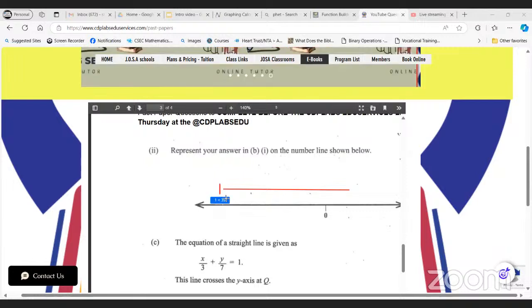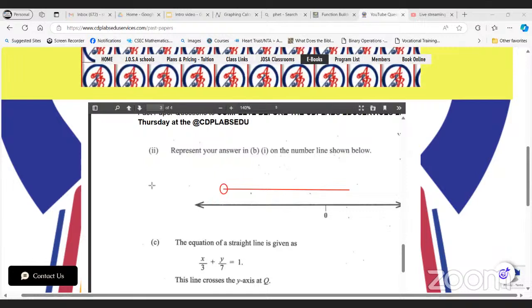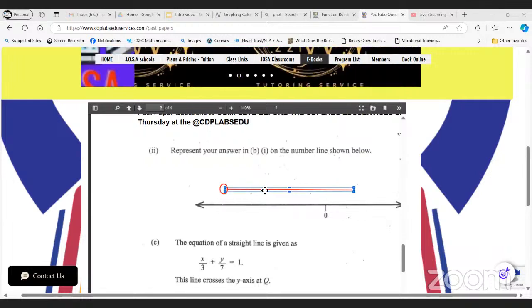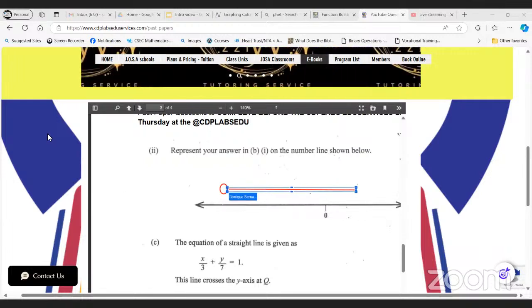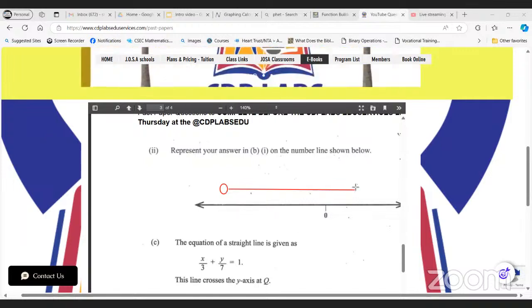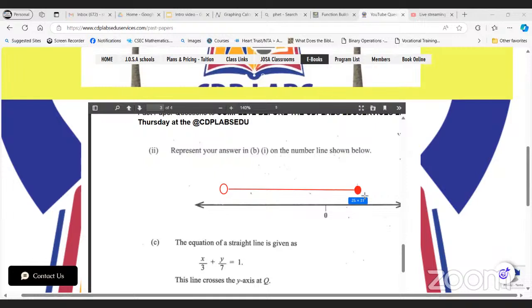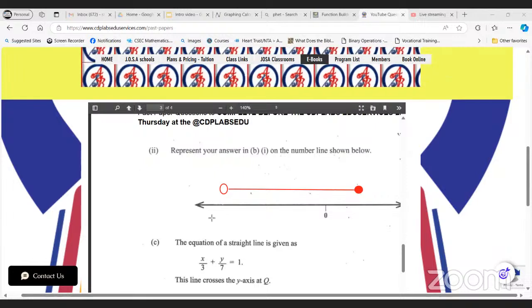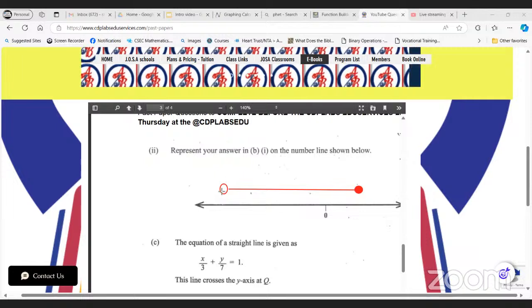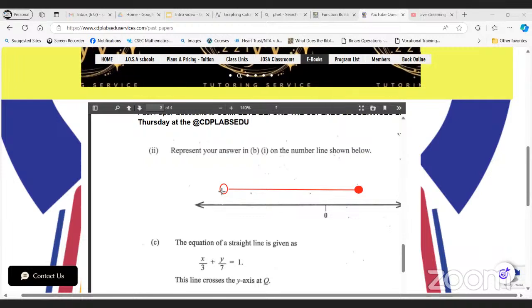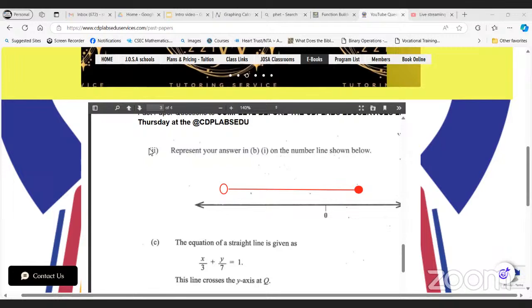This circle that is transparent, and the other circle that is solid. Now, this transparent circle would have represented that broken line that you saw on GeoGebra. And then you're going to put in your numbers naturally.